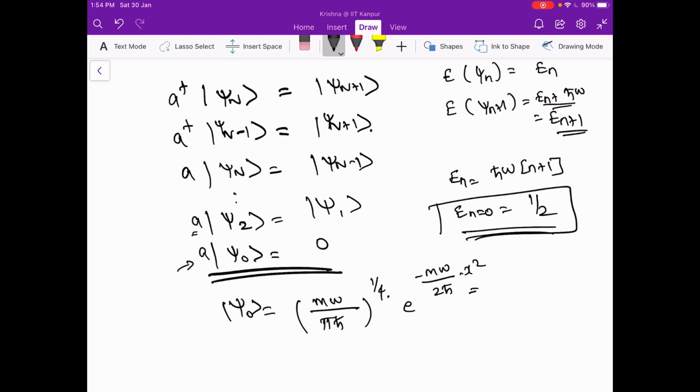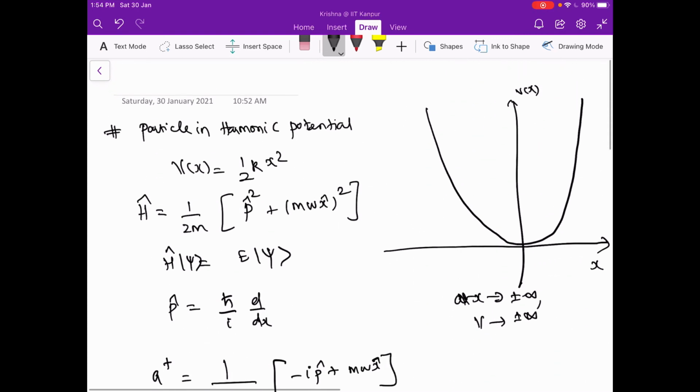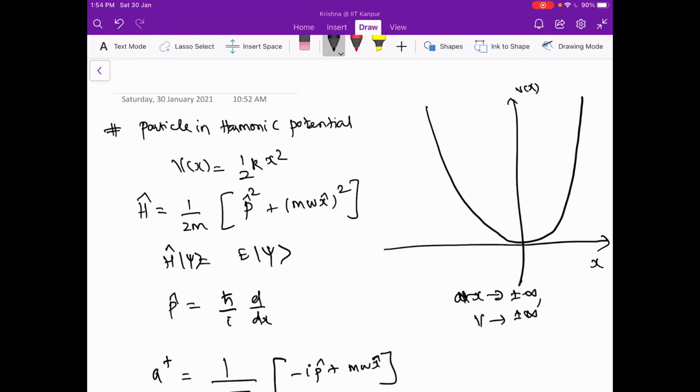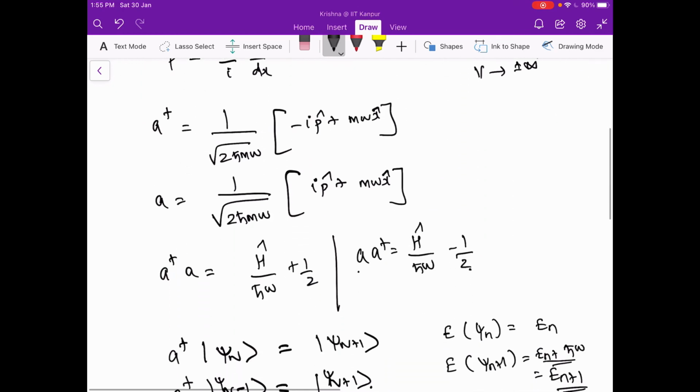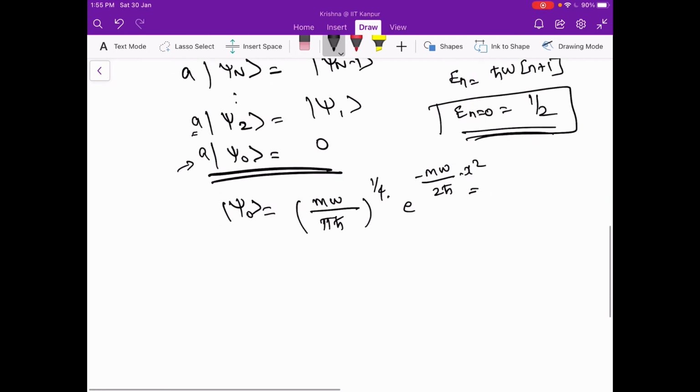So if we take a potential of this particular form, the first state will have a wave function psi which looks somewhat like this, a Gaussian, right? So this is n equal to 0, psi of n equal to 0, right? And what happens to psi of n equal to 1? How do you find psi of 1?